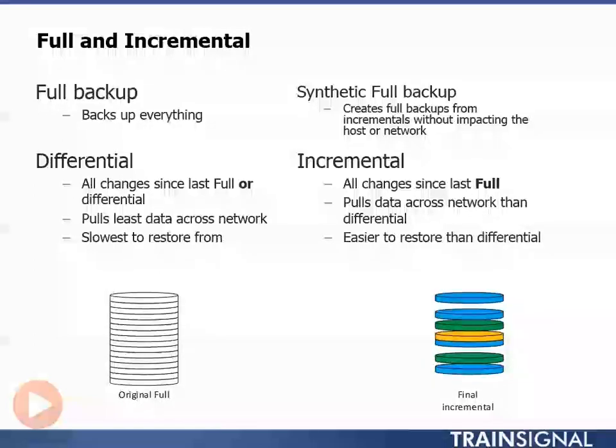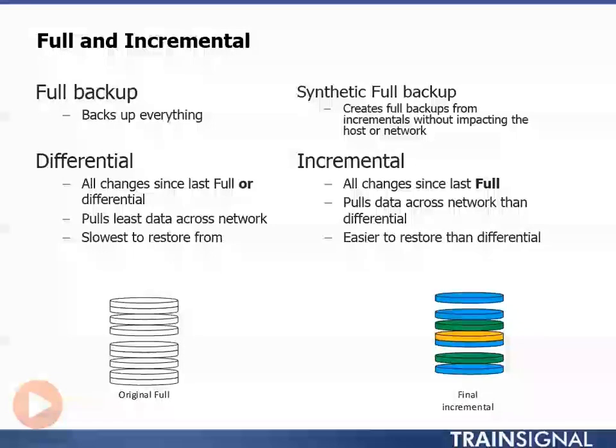But as you can see, it's not an entire image. It's only the changes since the full backup occurred. And since we know that the missing blocks in our incremental backup shown on the right haven't changed since the full backup on the left, because if they had changed we'd have picked them up as part of this incremental, we know that in order to fill the gaps and create an image of what a full backup would look like, we simply take that most recent incremental as well as the data that's remained unchanged in that previous full.